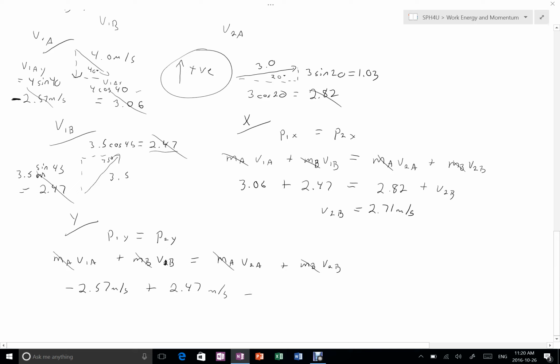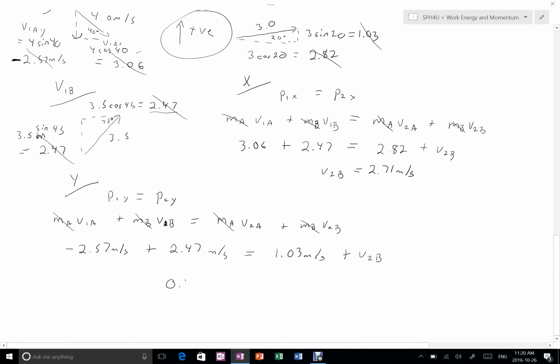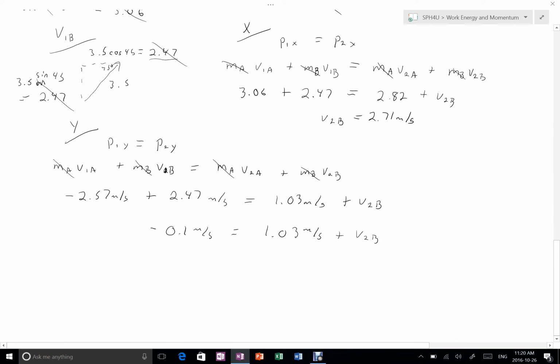And that is going to create a negative 0.1 meters per second. Then on the other side, 1.03 meters per second plus V2B. So moving the 1.03 over to the other side, V2B is going to be equal to negative 1.13 meters per second.